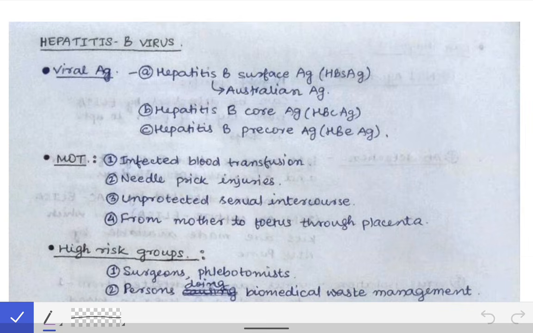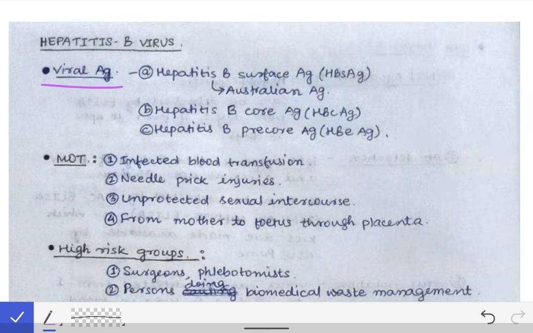Now coming to the hepatitis B virus proper, first of all we see the important viral antigens of the hepatitis B virus.